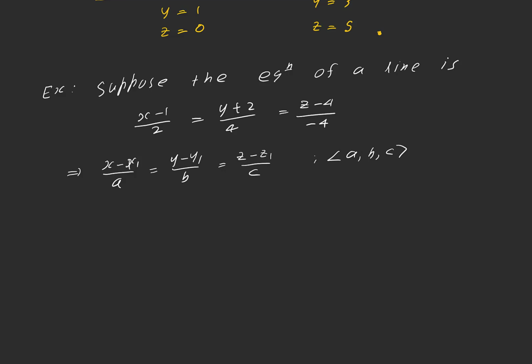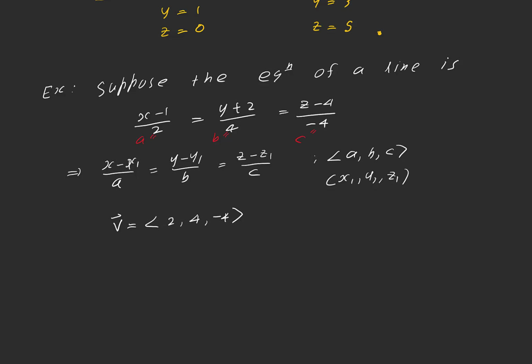The point on the line is x1, y1, z1. So use this. They are asking for the direction vector. So here this is A, this is B, this is C. Therefore, we can write the direction vector of this line as 2, 4, negative 4.